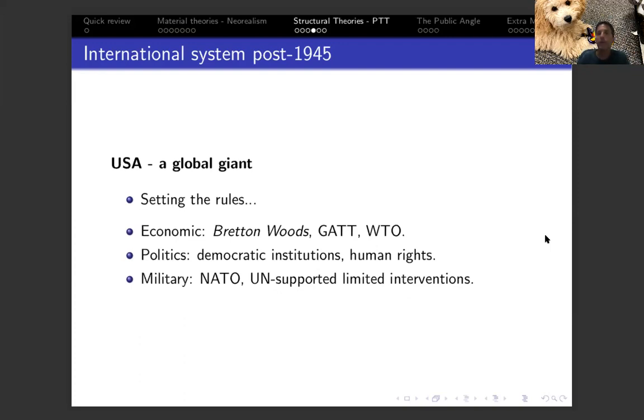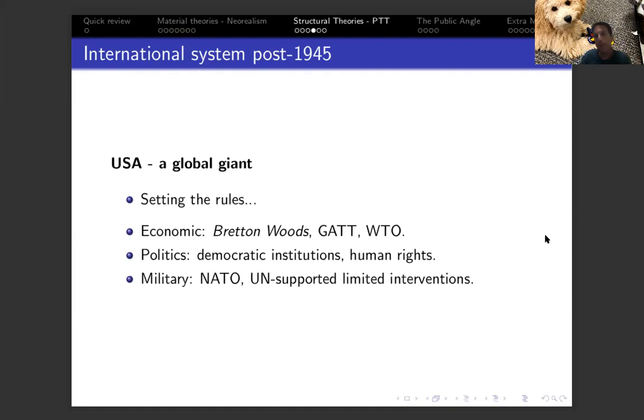For example, in this case, crude oil, which was a central commodity, especially after the Second World War, was traded based on US dollars. So that means that the United States as an economic system is at the center of the global economic system. It also pushed for the establishment of international global institutions such as the GATT, which was the prequel to the World Trade Organization, the WTO. Overall, it promoted a global market economy and free trade. So those are the norms in the economic category, which the US pushed for as the dominant state in the system.